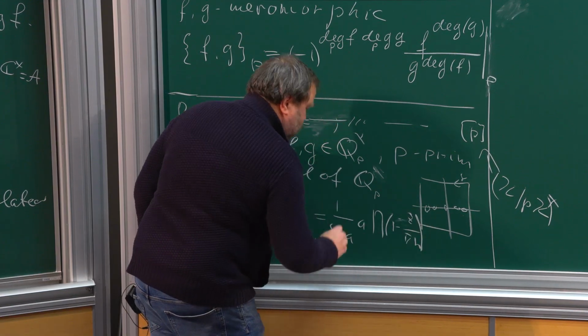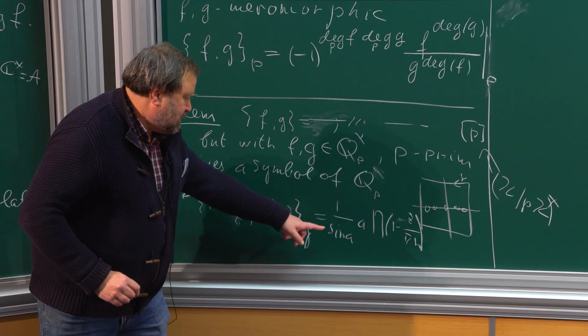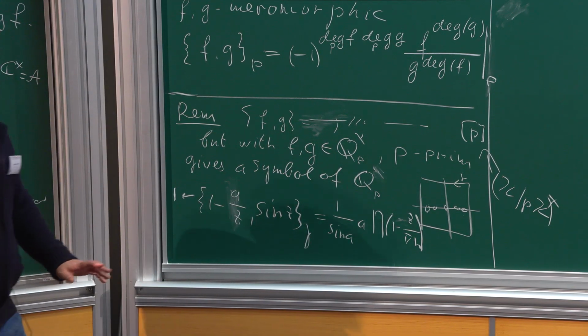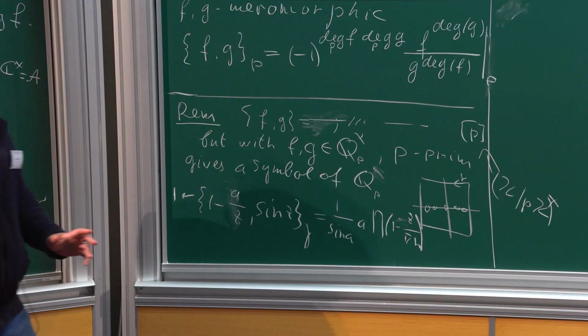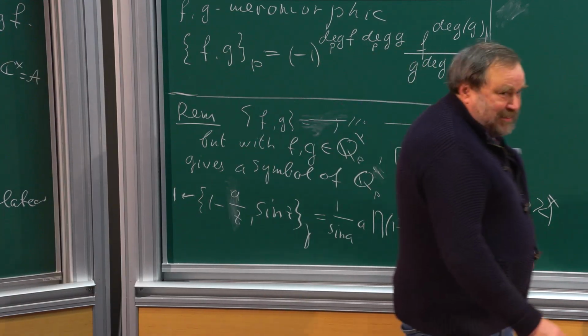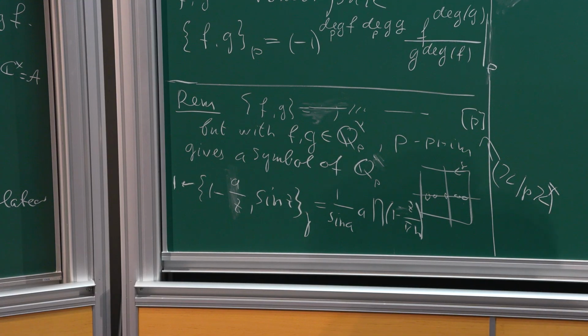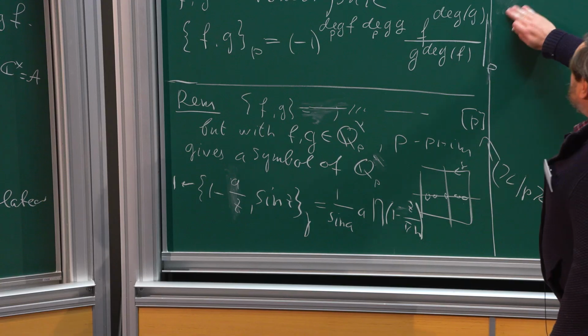The fact that this equals 1 gives you a product formula for sine. It's an easier way to prove the product formula for sine than the standard one. This is just a remark about the usefulness of the symbol, even for elementary mathematics.